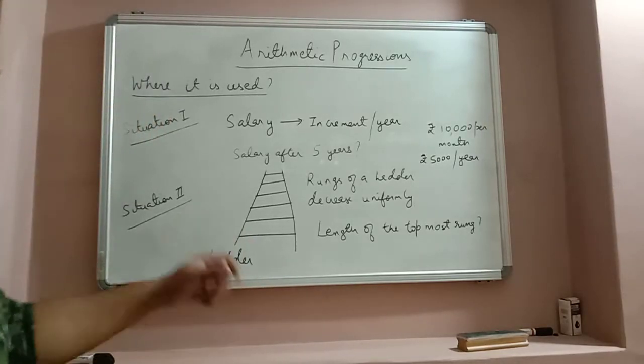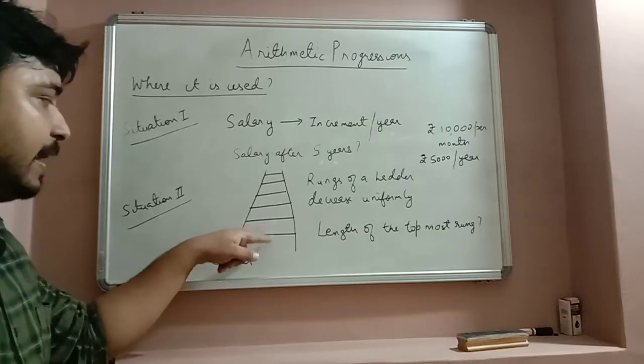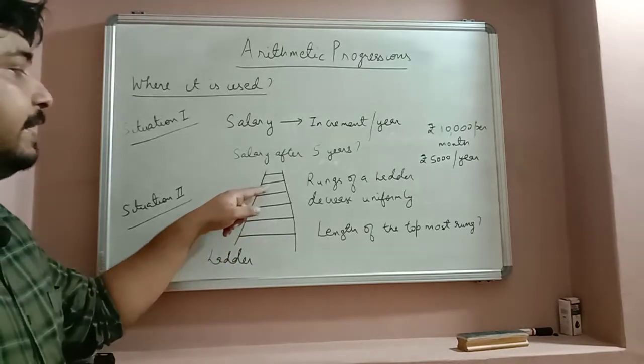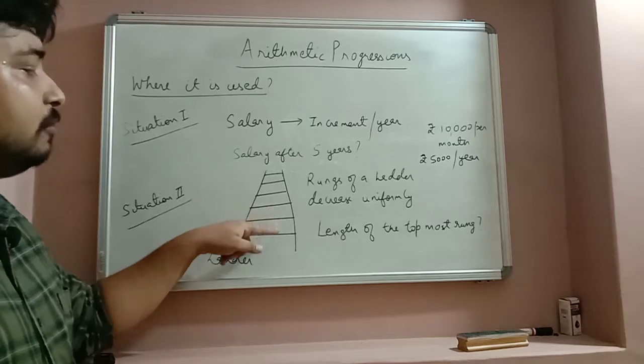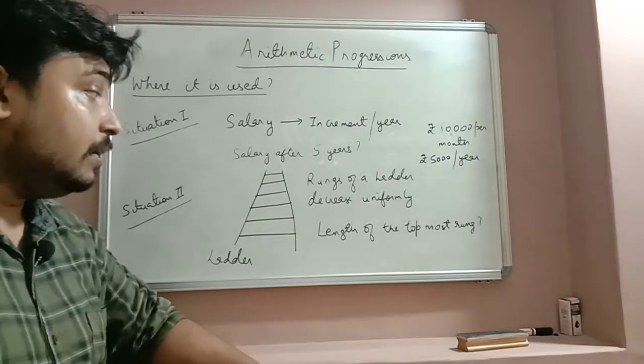Let's take up another situation. This particular thing is a ladder, and the rungs of the ladder, as you see, are getting reduced. The length of the rungs are getting reduced uniformly.